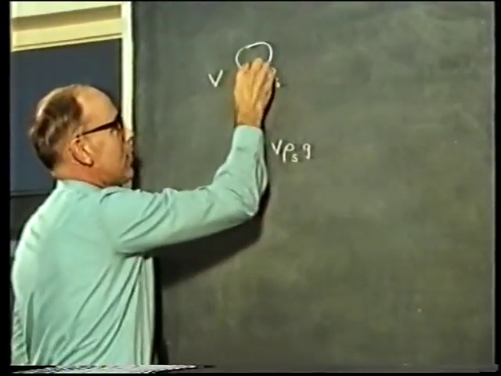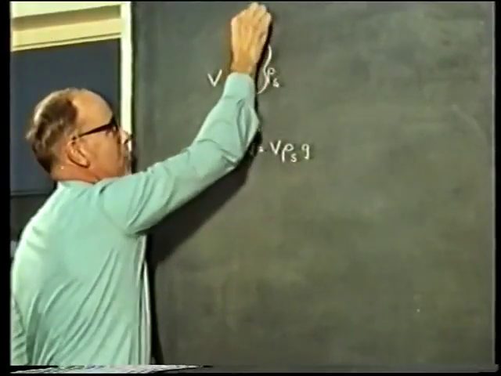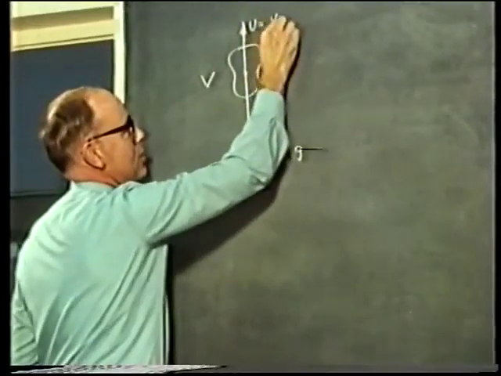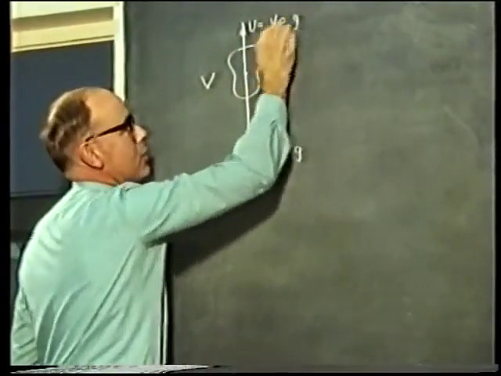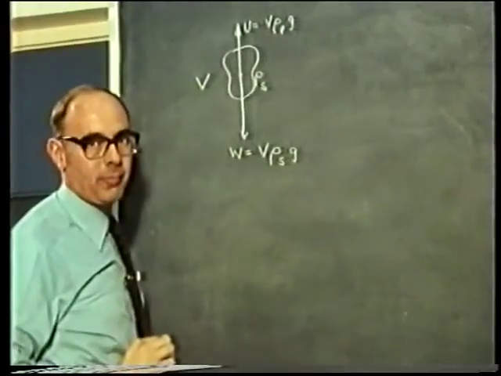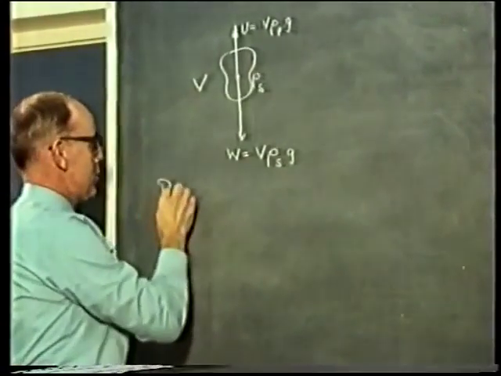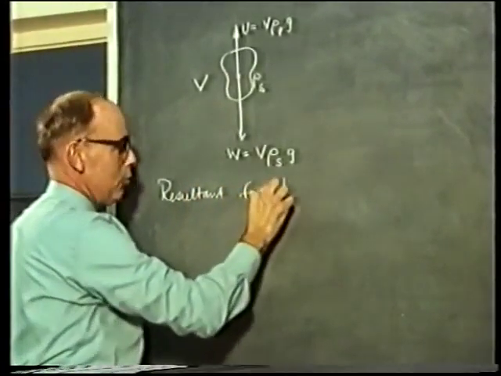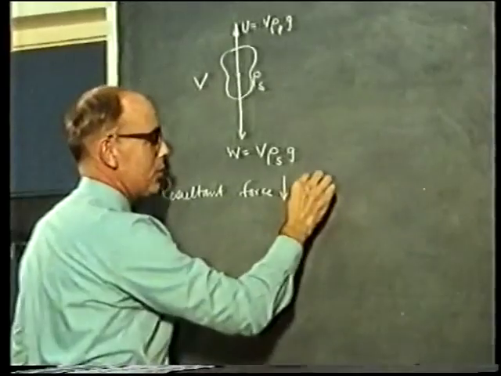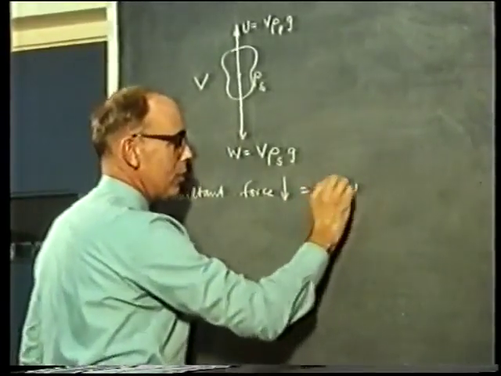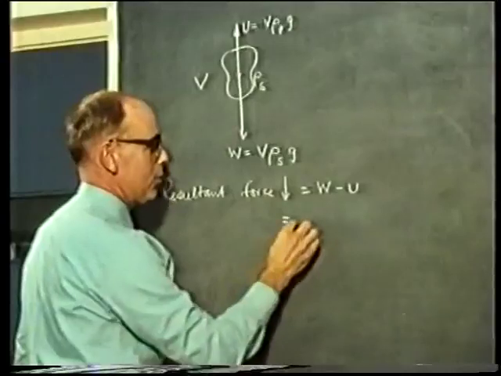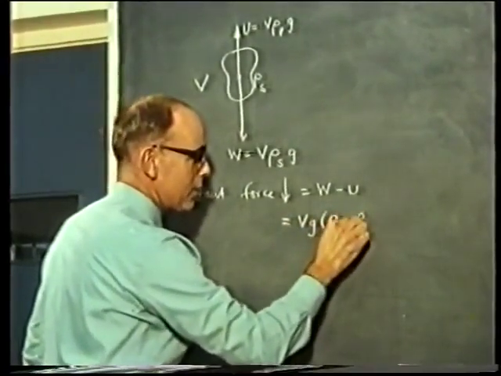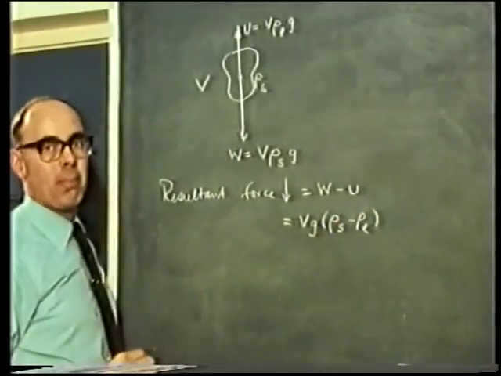When it's in a liquid, there is an upward force, the upthrust, and this is simply equal to the volume times the density of the liquid times little g, the gravitational acceleration. The resultant force acting downwards will be equal to W minus U, which is equal to Vg into (rho s minus rho liquid).